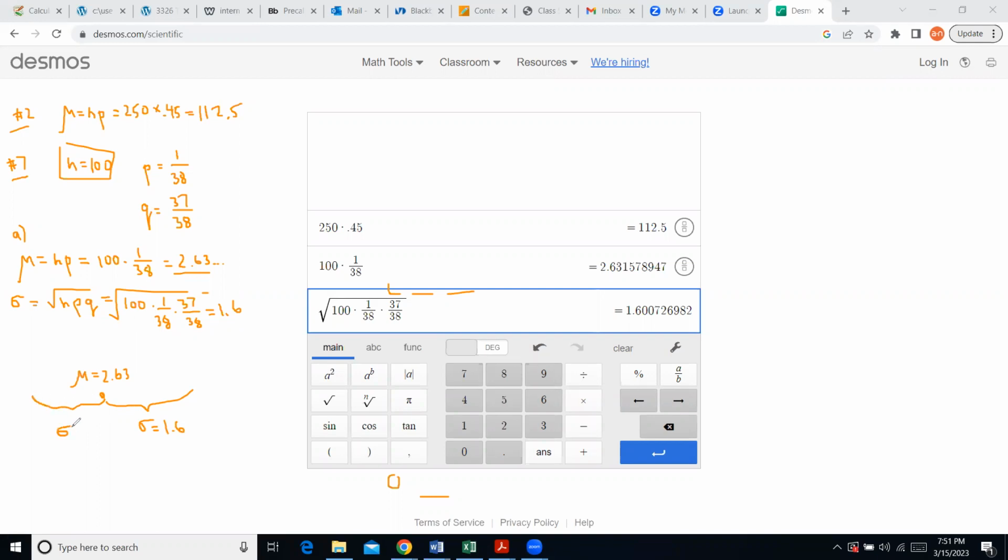So let me add and subtract this number. This will be something like 4.2, and when I subtract it, it will be 1.03, something like that.